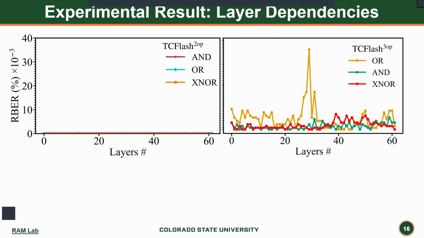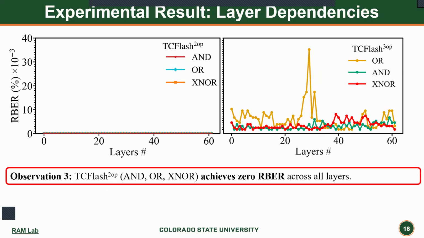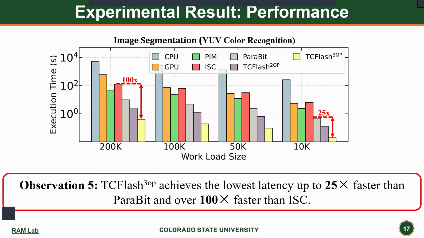If you check the layer dependencies of NAND flash for TCFlash, we see that for AND or XOR operations, we get zero RBER. But for the other operations, we see more errors, and we see that the lower deck of the 3D stack is found to be more error prone.